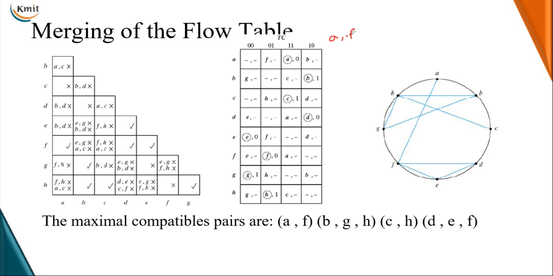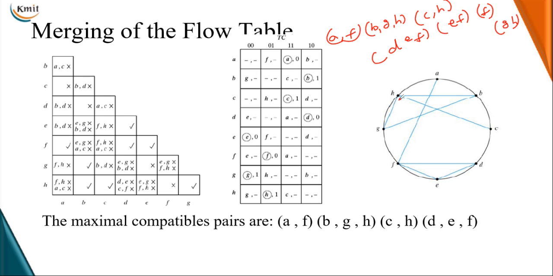Next, B is compatible with G along with H. Next, C is compatible with H. Next, D is compatible with E, F. Next, E is compatible with F. We have compatibility checked for F, which is an integral state, and G is compatible with H.